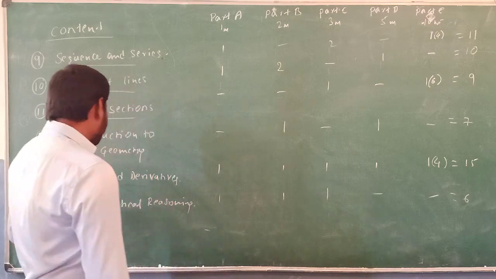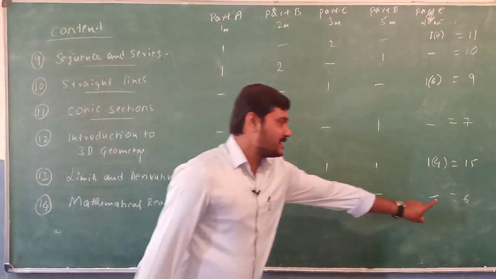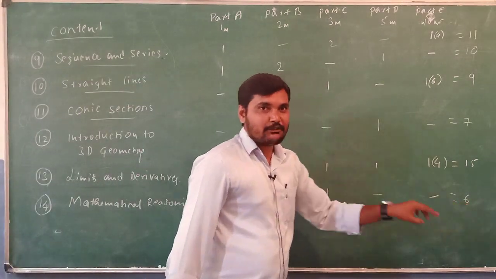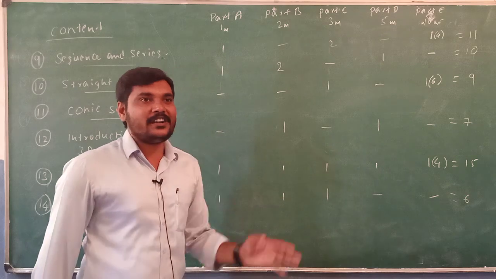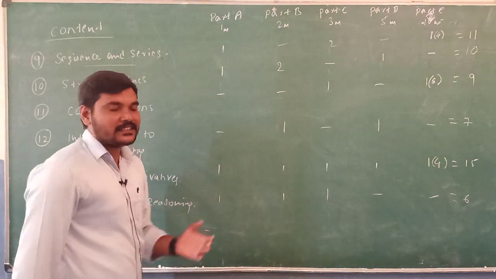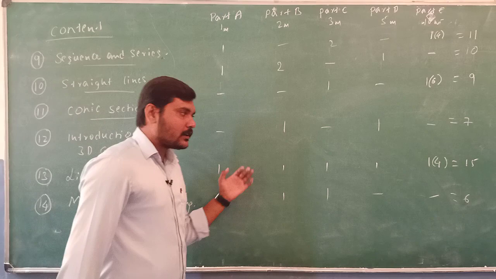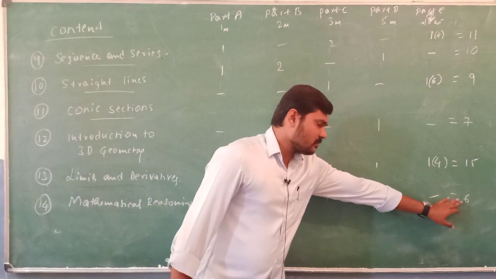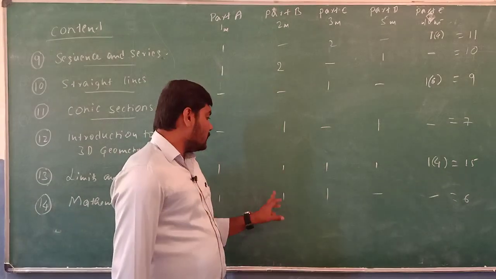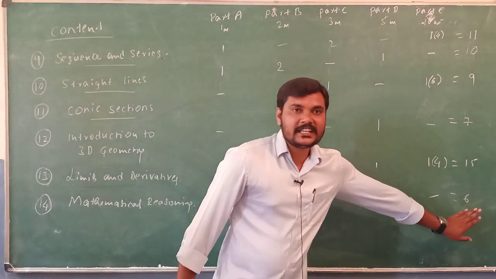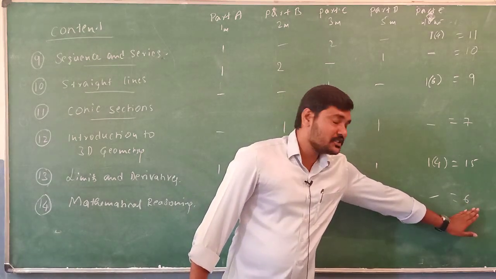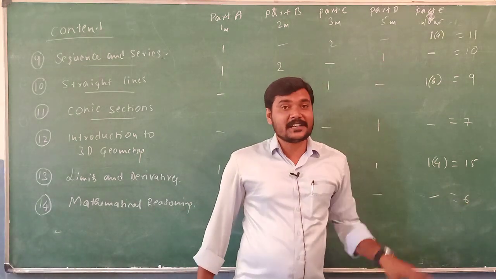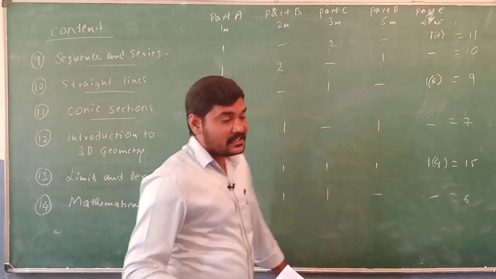So in mathematical reasoning, the 6 marks is a free hit, because if you are familiar with or have knowledge of reasoning, we are giving at least 4 marks in the easiest way. So 6 marks is going to be free hit marks for your final examination.